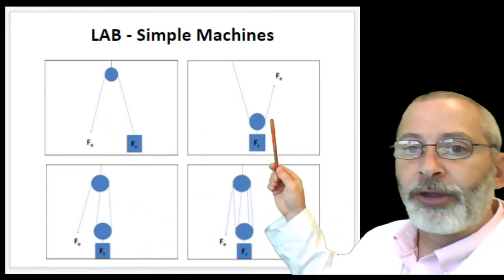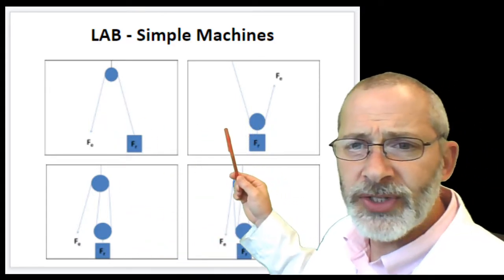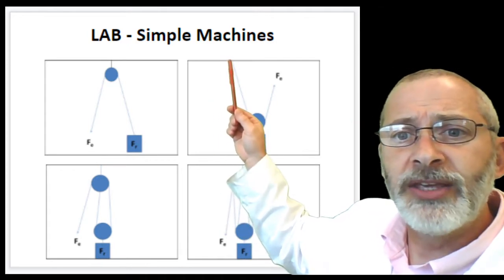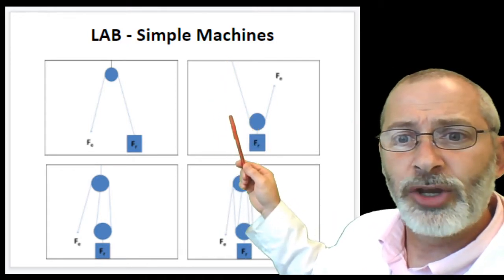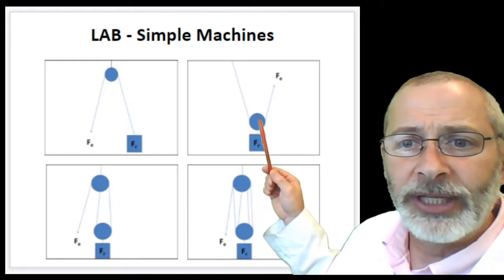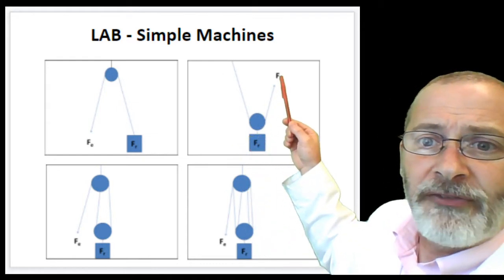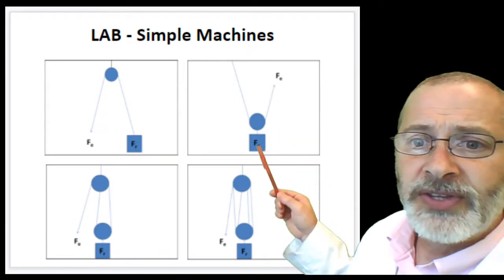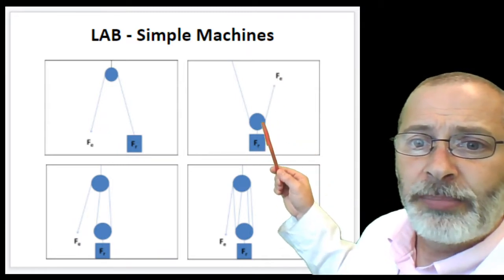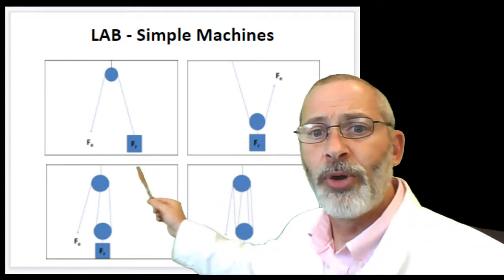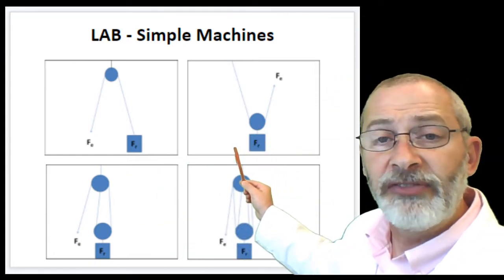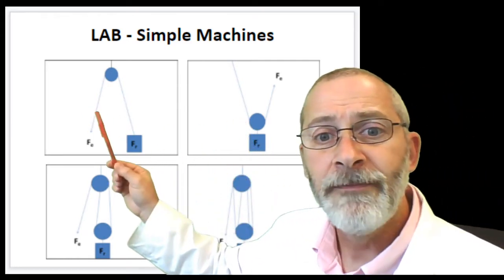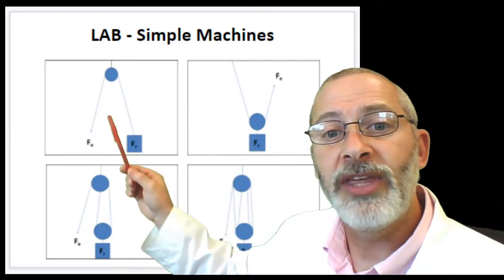In the second diagram here, you'll notice a little difference where the rope or the chain is fixed in position and it goes around the pulley, and the effort force is in the opposite direction, and the resistance force is down here. But in both cases, the object is being lifted off the ground. But notice the difference in the direction of the effort force.